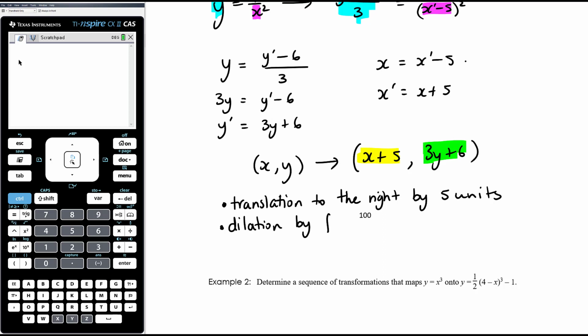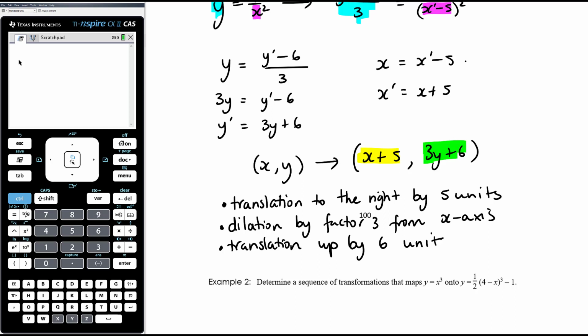Dilation by a factor of, so if the y coordinates get multiplied by 3, we're stretching by a factor of 3 in this direction, that is from the x-axis. Dilation by a factor of 3 from the x-axis, and then we add 6, so then we translate up by 6 units. So that is a correct sequence of transformations.